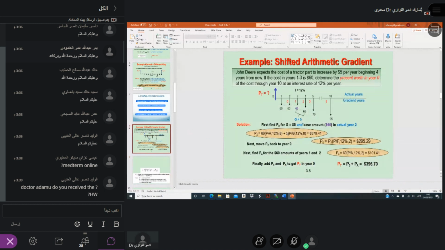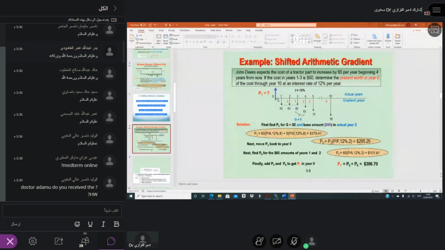So you have the gradient, which is 5. You find P given this year, that is 8 years now at this bottom number, and then this is 12%. So this is your P at year 2. If you have P at year 2, this becomes the future amount, yeah. The relation should be PT because this will be in the future.